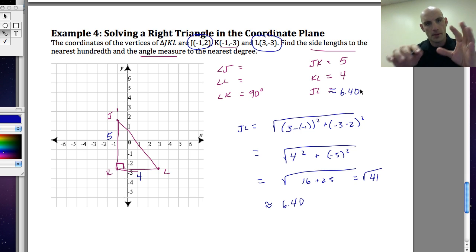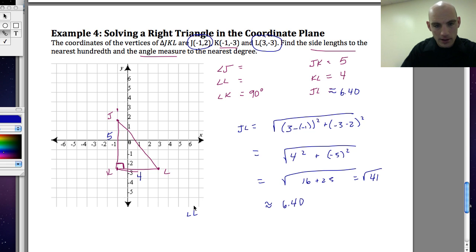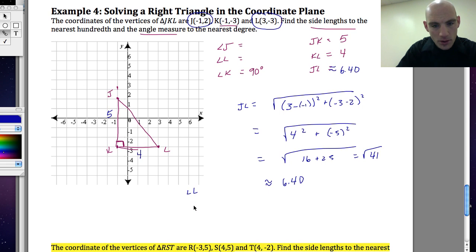How do I use the side lengths to find the angles? Trig ratios. Use the formula. Now, to find angle L, let me move this up just a little bit, give myself a little bit more workspace. Notice what I've got. I want to try to use sides that are not rounded. Avoid the hypotenuse because it's rounded. Use the ones that are not rounded. So angle L. The tangent of L is equal to the opposite over the adjacent, 5/4.